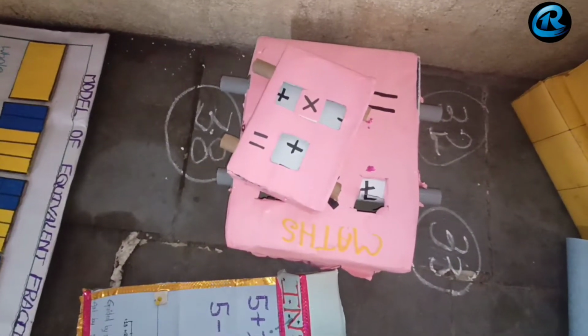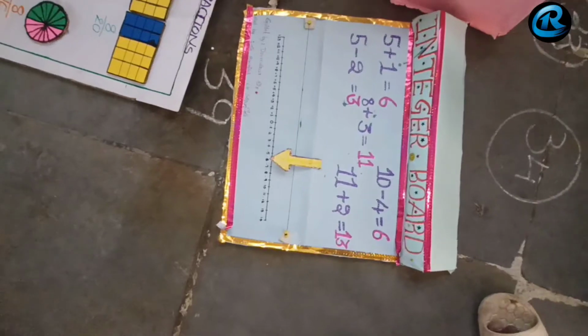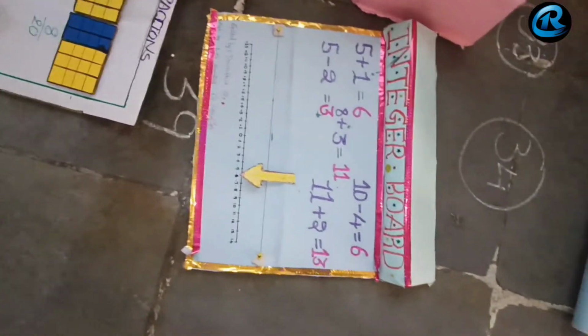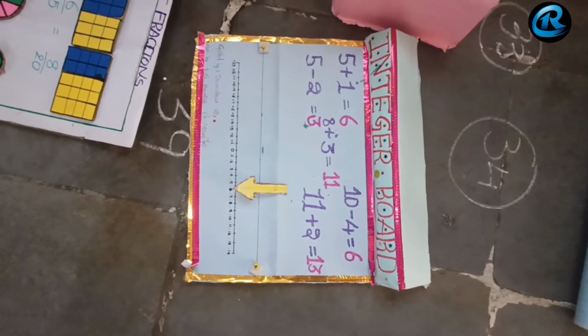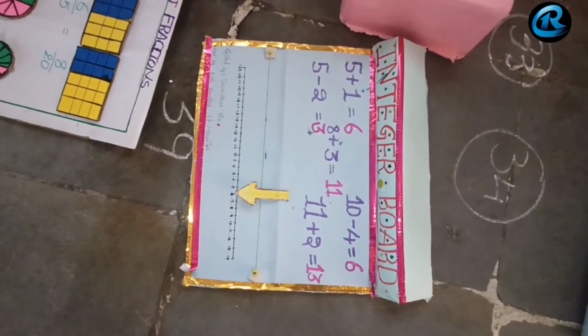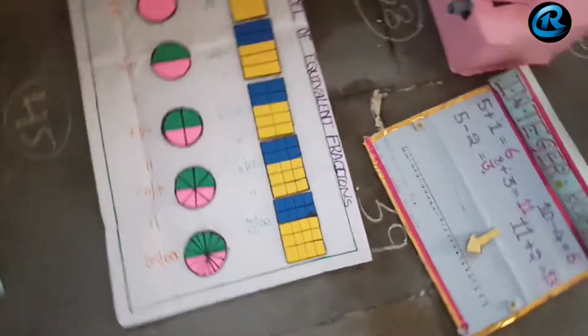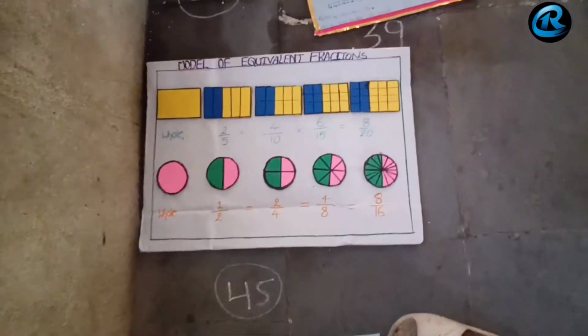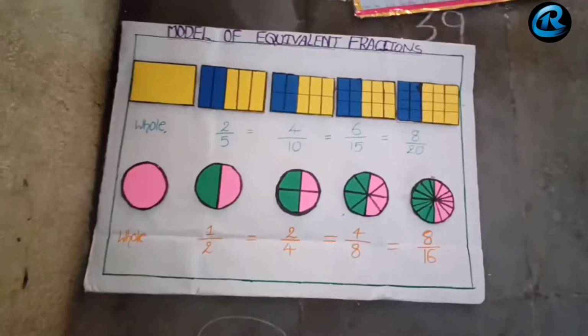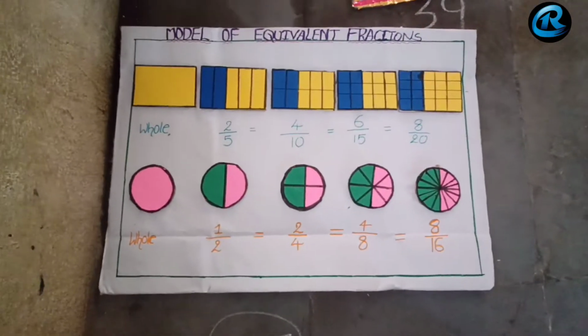And here basic operations of math, like mathematical multiplications. And here you can see an integers number line to understand the concept of integers, basic operations of integers. And here you can see the fractions, an equivalent fractions project.